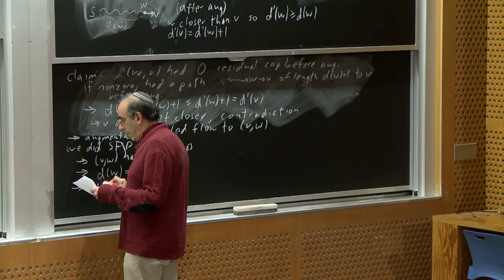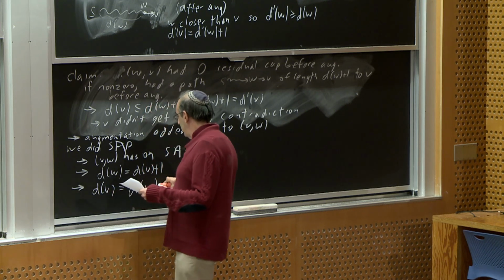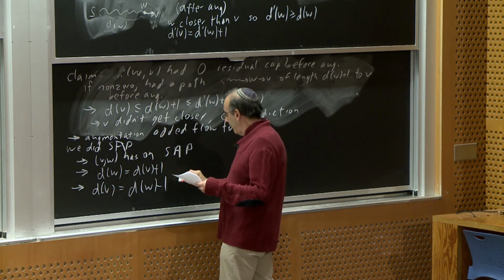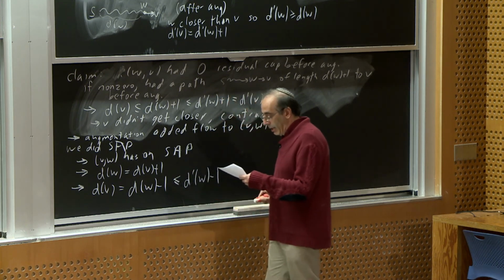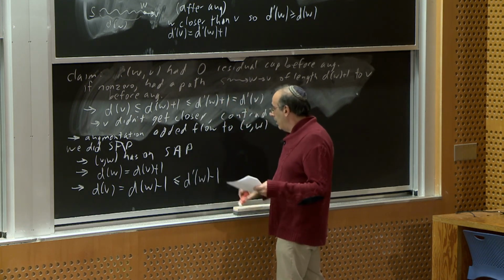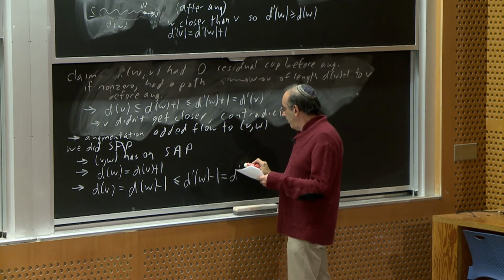And that means that the old distance of V, which was d of W minus 1, is upper bounded by the new distance of W minus 1, because W didn't get closer, right?